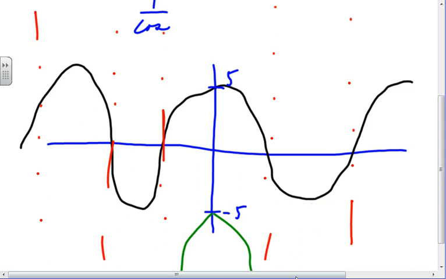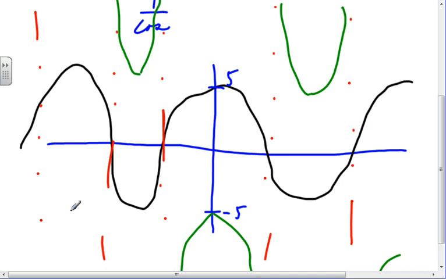I would have been negative like that, but now I'm going to be positive like this. So I'm going to use the minus sign to remind myself that it will be a mirror image.